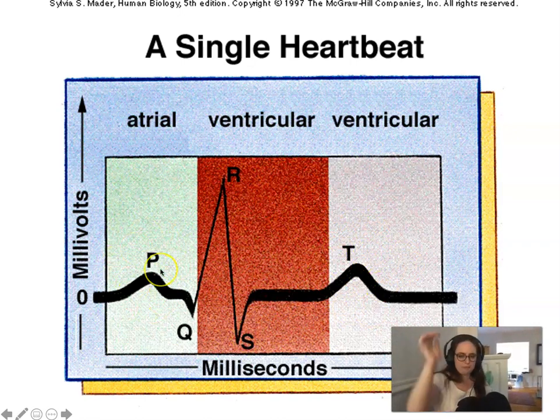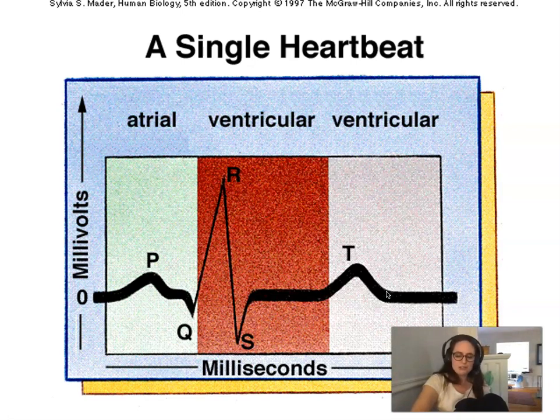The P wave is detecting the change in voltage while the atria are contracting. The QRS complex is detecting the change in voltage while the ventricles are contracting. The T wave is detecting the change in voltage while the ventricles are relaxing.